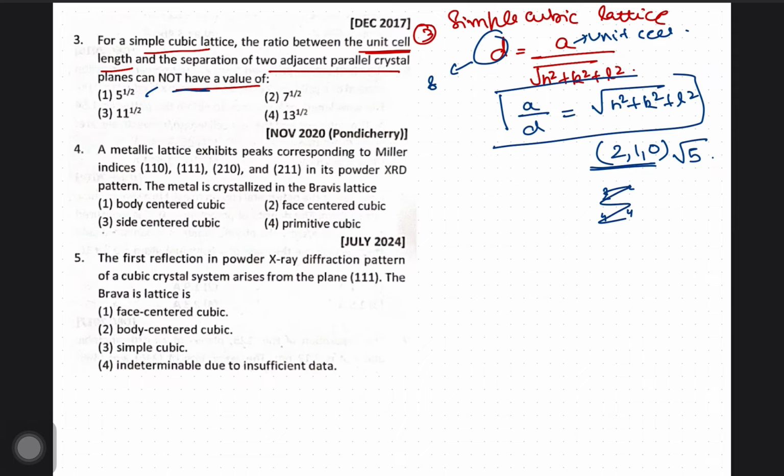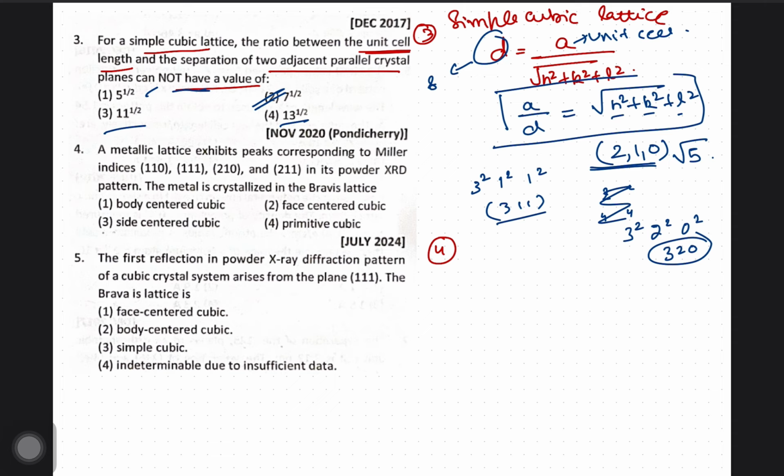Root 7 is not possible for any integer value of HKL, so the answer will be 2, but let's also explore other options. 11 is like 3 square 9 plus 1 plus 1, so 3 1 1, for this it is possible. 13, if we take 3 square 9 plus 2 square 4, 9 plus 4 is 13 and 0, so for this it is possible, so the correct answer will be 2, right.